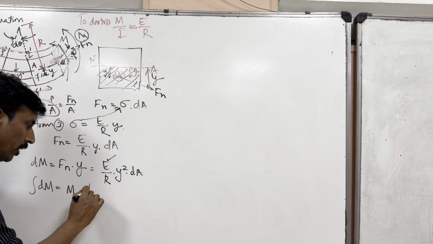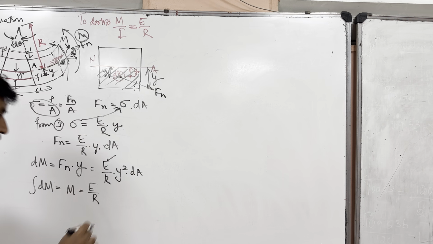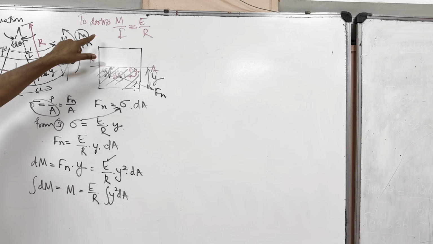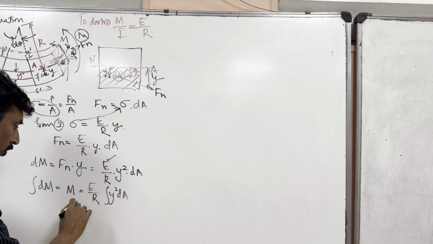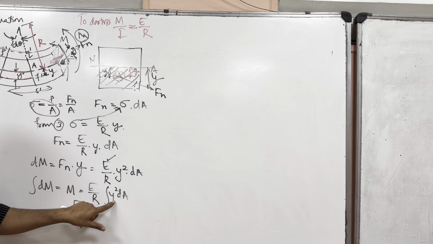So you have to take E by R out of the integration sign, and you have to integrate this y square dA. Now I should have told you initially that this integration of y square dA is nothing but the moment of inertia. So there are two moment of inertias. This is actually the surface moment of inertia, that is the area moment of inertia.